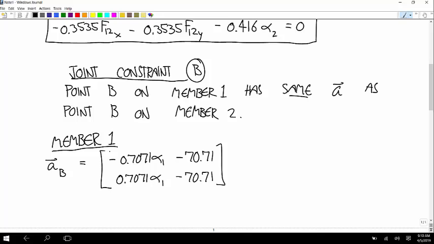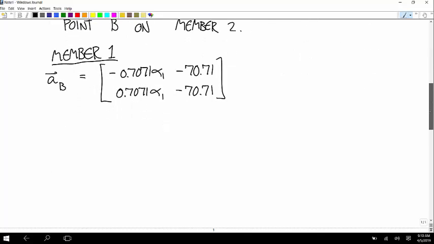Okay, so that's the acceleration vector of the point B on member 1. And now we're going to member 2.